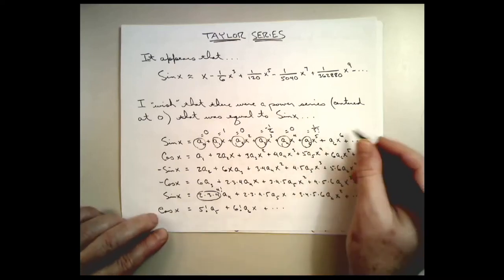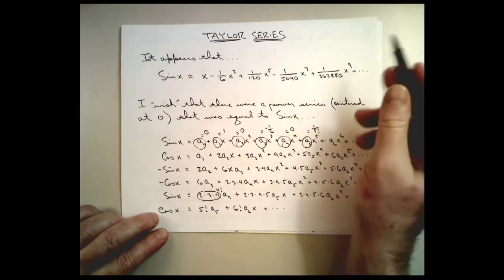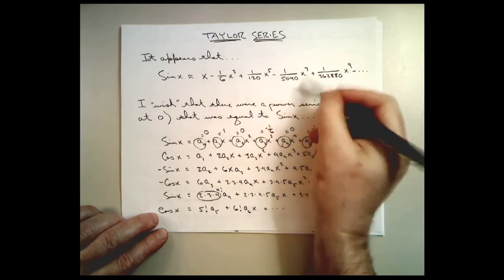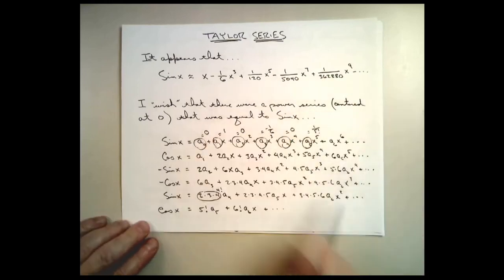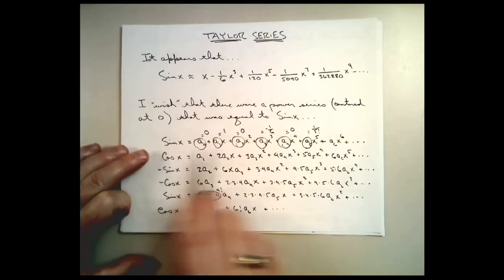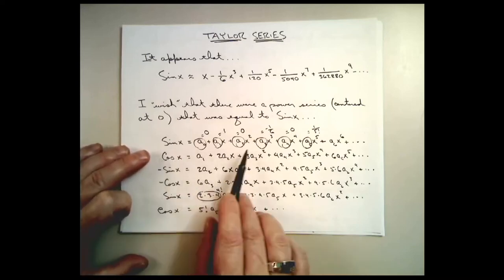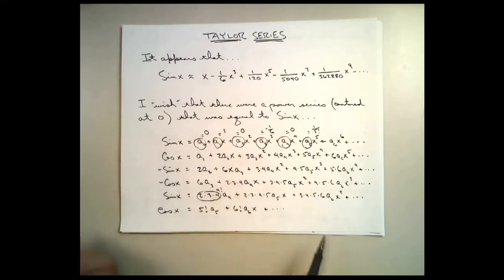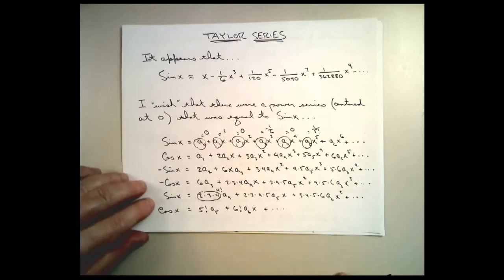So a sub 7 is going to be negative 1 over 5,040, and so on. So that's where these polynomials are coming from: from this little trick of first assuming that I have a power series that represents sine of x, and then taking consecutive derivatives and letting x be 0 and solving for what the coefficients of my terms are going to be.